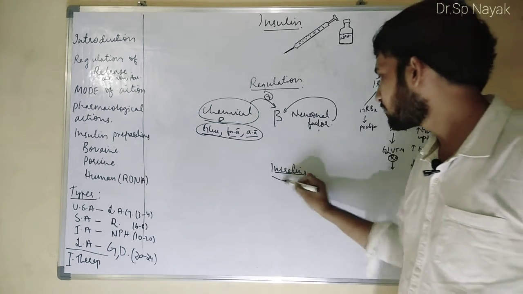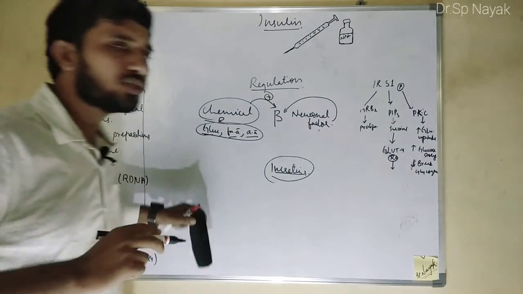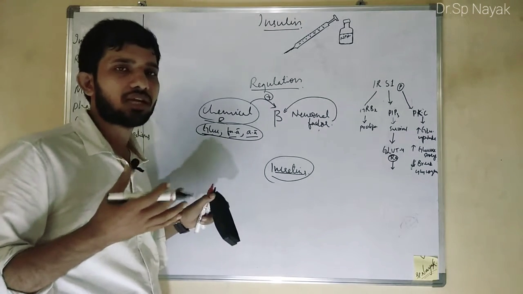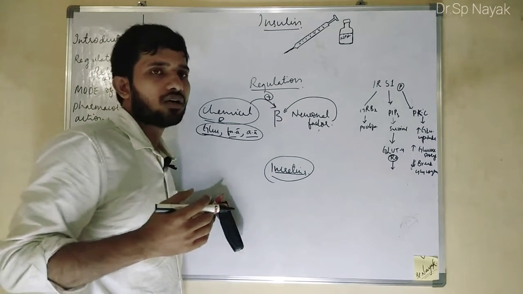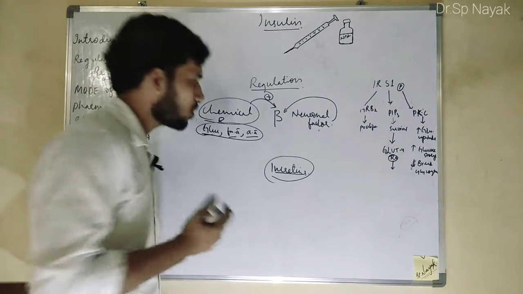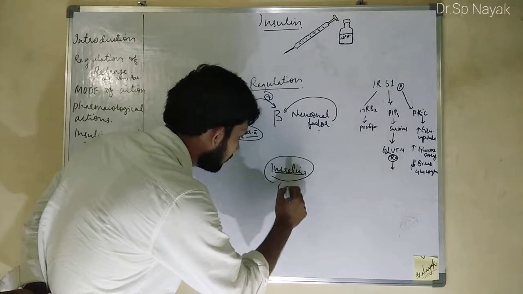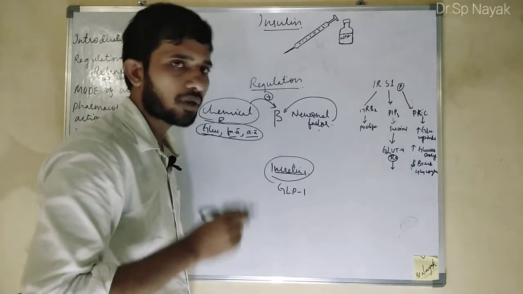And the third one is incretins. See, when a person consumes food or any nutraceutical items through the GI tract, our GI tract releases some special hormones called incretins. Among them we have GLP-1, which is also called glucagon-like peptide.